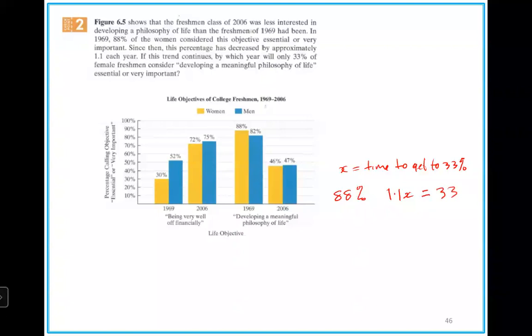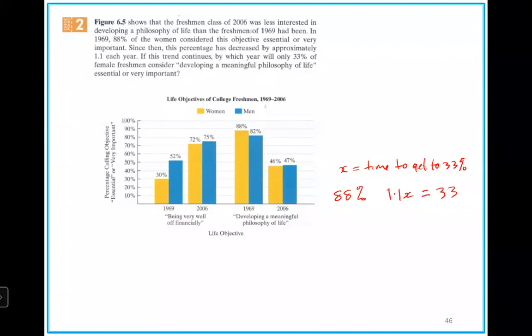And you say we are going down. If we're going down, what operation does a decrease imply? Subtract.